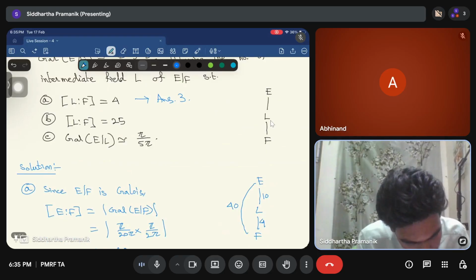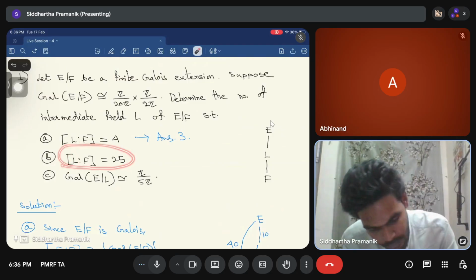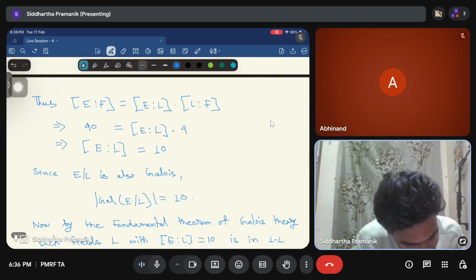Okay, now let's do the second one. We have to find the number of intermediate fields L such that the degree of L over F is 25. This case is fairly easy.